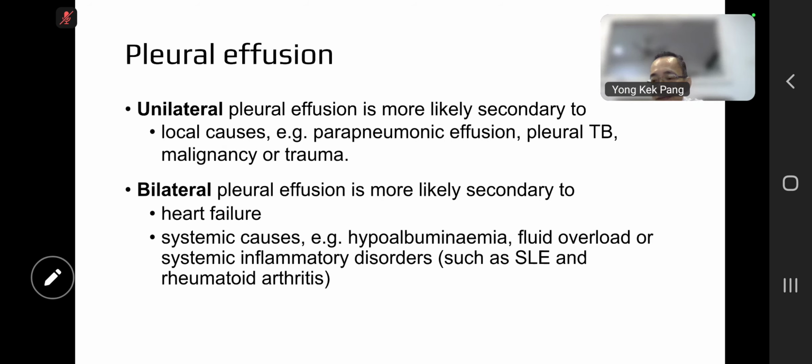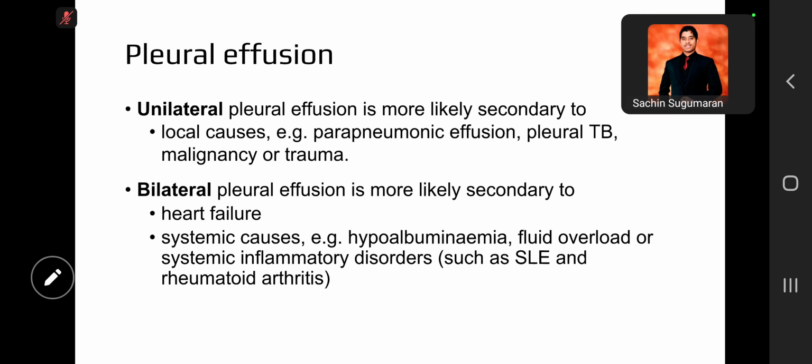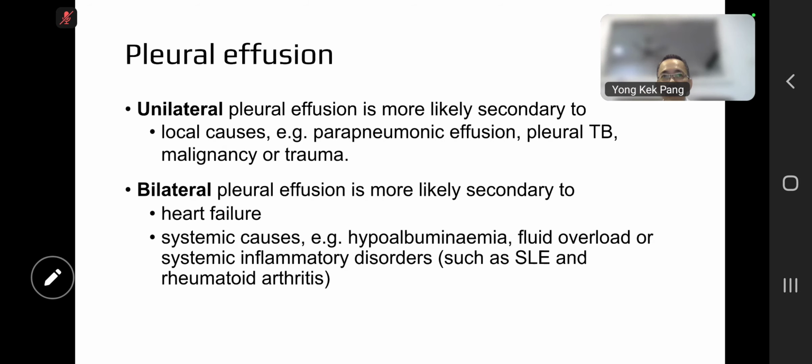Okay, then the question is when do we suspect it is more likely to be infection rather than other systemic disorder? One of the characteristics that we can utilize is whether this effusion is unilateral or bilateral. Unilateral usually is more likely secondary to local causes, such as parapneumonic effusion, pleural TB, malignancy, or trauma.